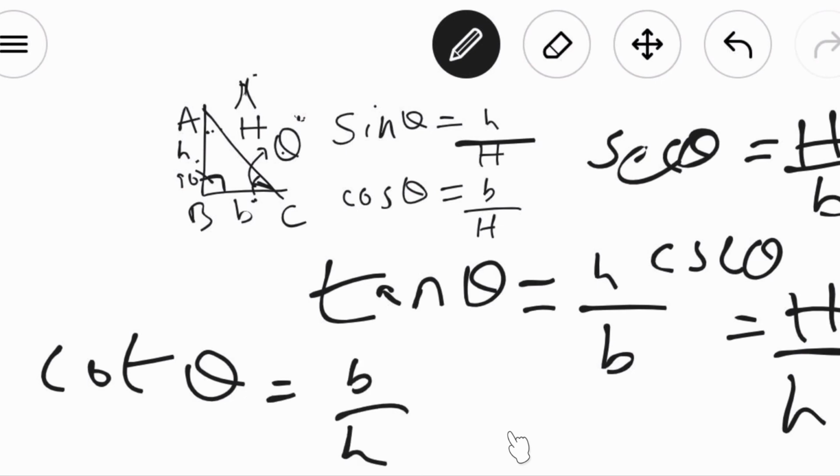So these are the basic things you need to remember before you go to any kind of problems. So let's actually get to a simple problem.